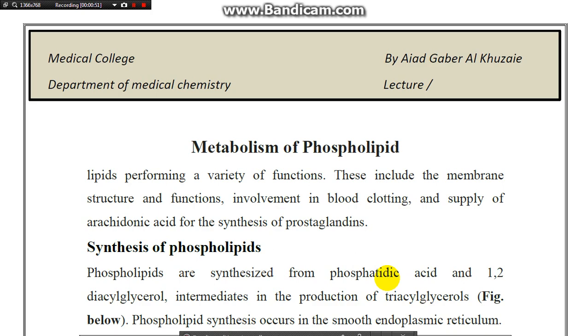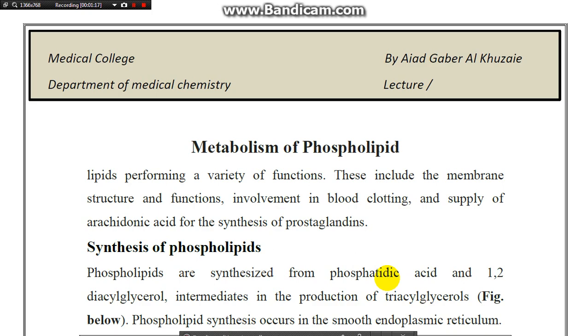The number one is ester of the fatty acid, the fats or oil, ester of the fatty acid with glycerol. When the fatty acid is saturated, it gives the fats, but when the fatty acid is unsaturated, it gives the oil. The difference between the fats and oil is in physical properties.